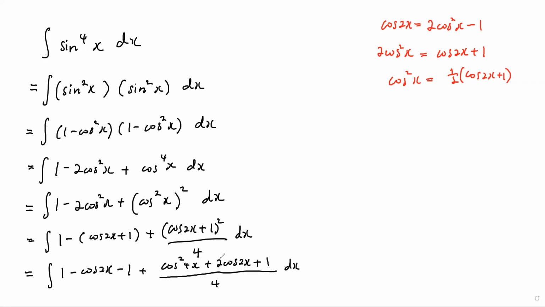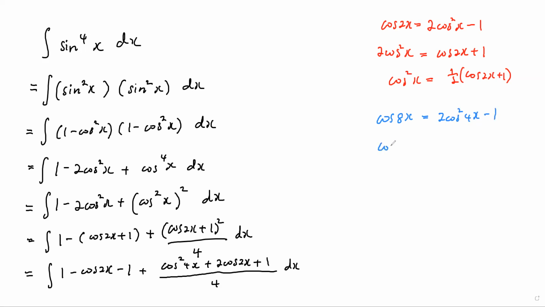So tedious. Now we have to do something about the cosine square 4x. This is actually an extension of the double angle formula, so I'll write it down here. Since cosine 2x is 2 cosine square x minus 1, I can also say that cosine of 8x is 2 cosine square 4x minus 1.